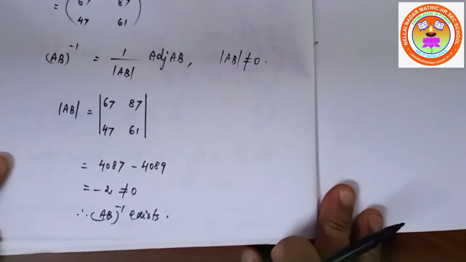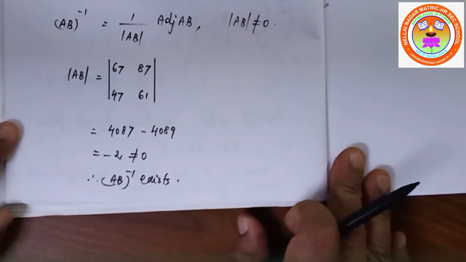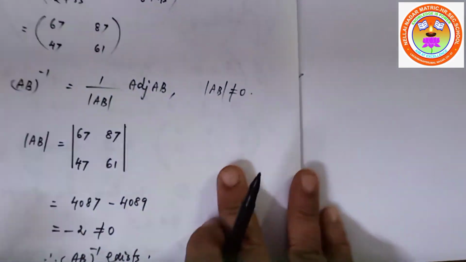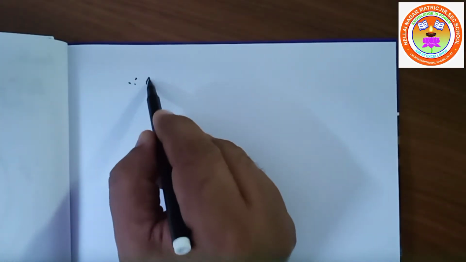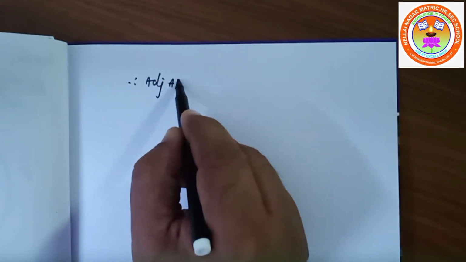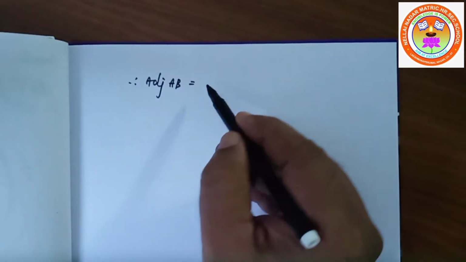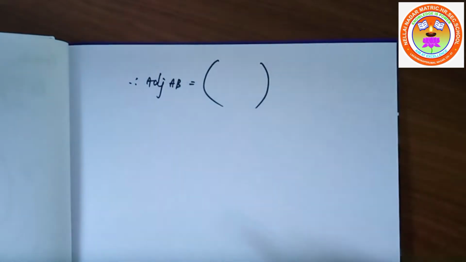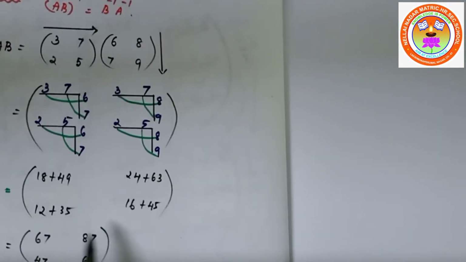Then you have to find out adjoint of AB. In the AB matrix, you have to interchange the leading diagonal elements.